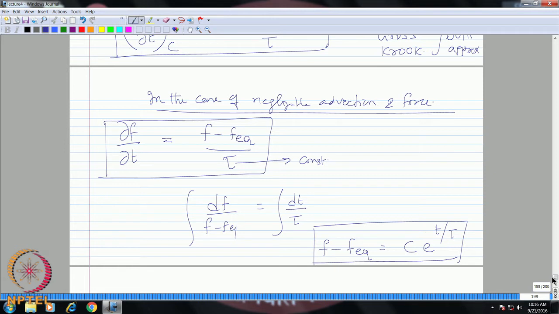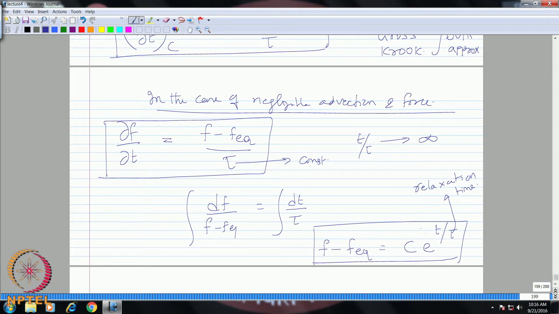So, from this you can get a feeling of what this tau, or relaxation time, signifies. What does this tau signify here? If t by tau is quite large, going to infinity, this should be e power minus.